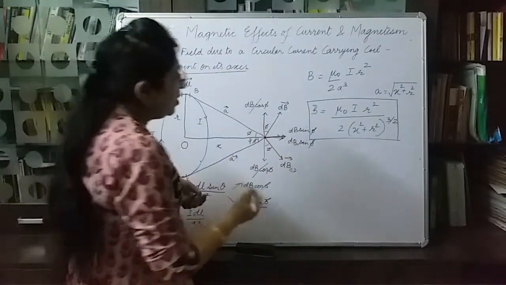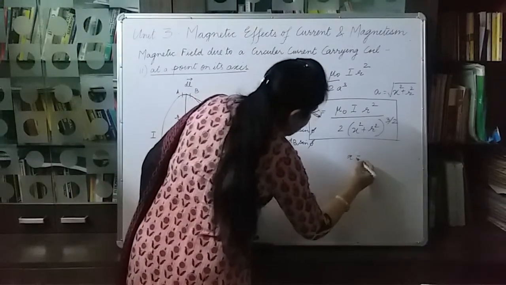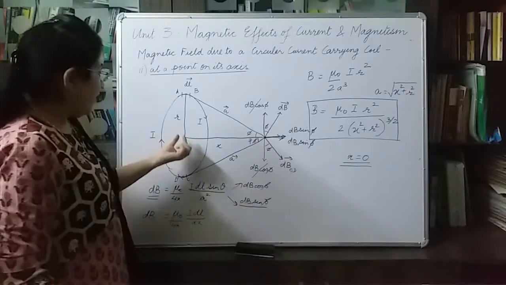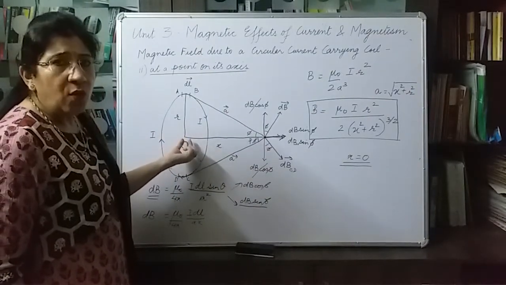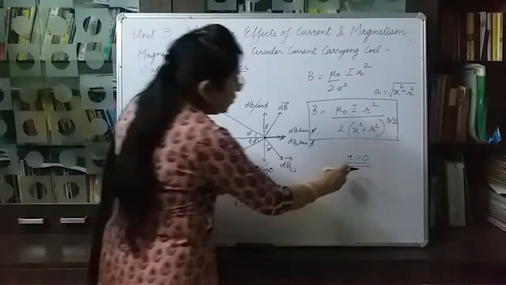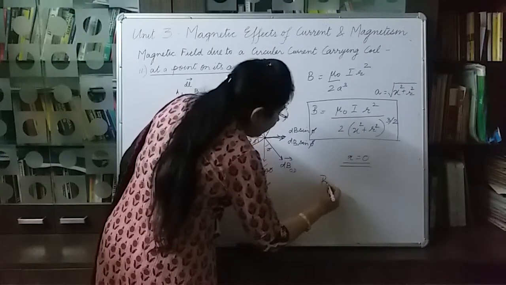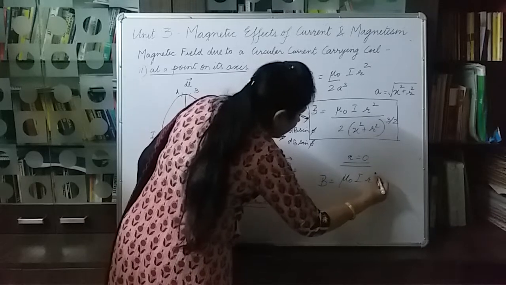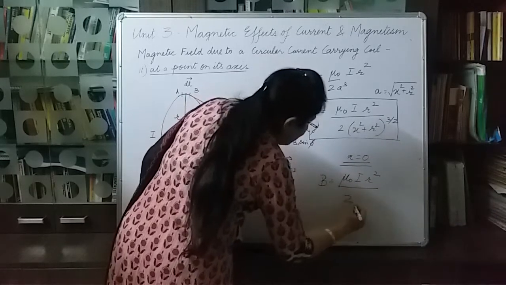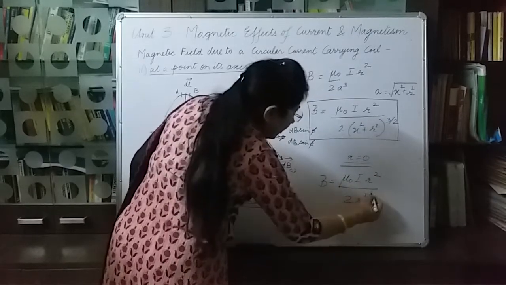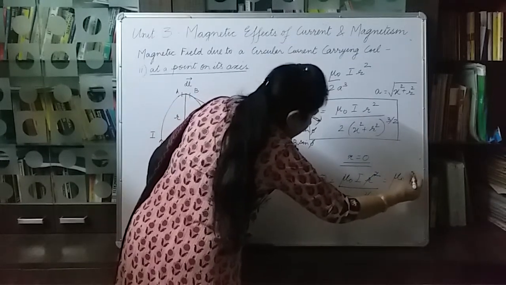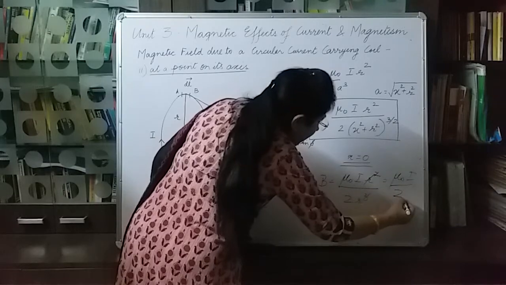Say we substitute x equal to 0. X equal to 0 means we have taken the point O, the center. If we substitute x equal to 0, B will be equal to mu naught I r square upon 2 r cube. Cancelling, we get mu naught I upon 2r.